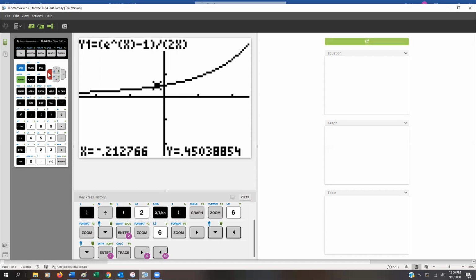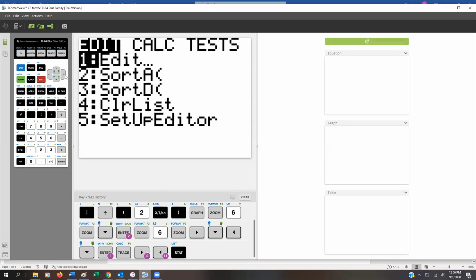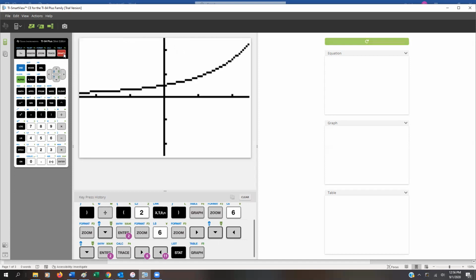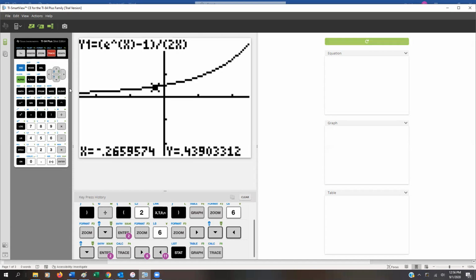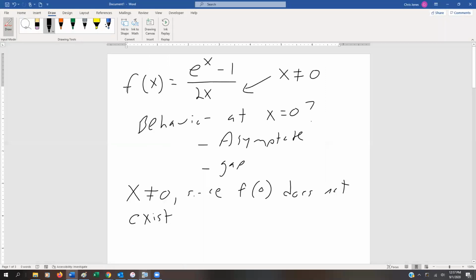From the left side, as I approach from the left side of the graph, it looks like as x is getting really close to 0 again, y is getting pretty close to a half. So we can suspect by looking at the graph that it's approaching a half, but we're not necessarily sure of that.